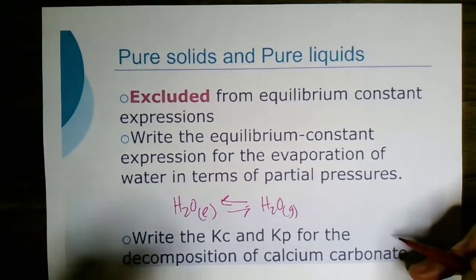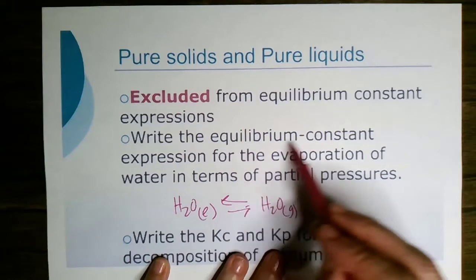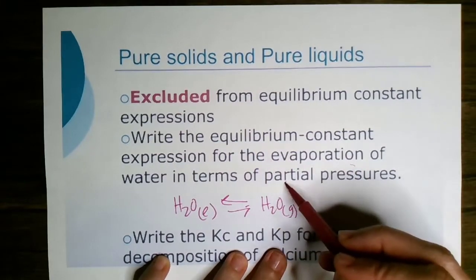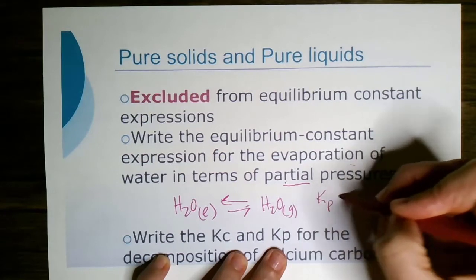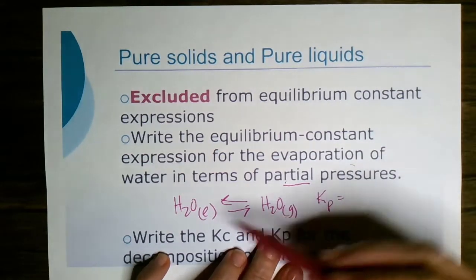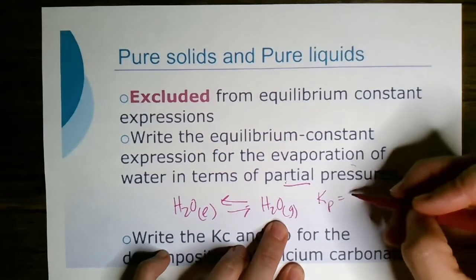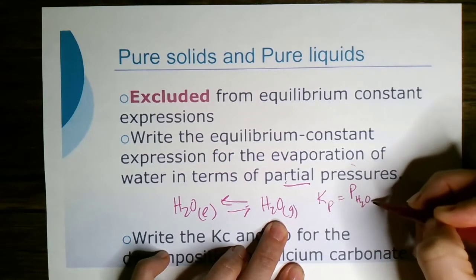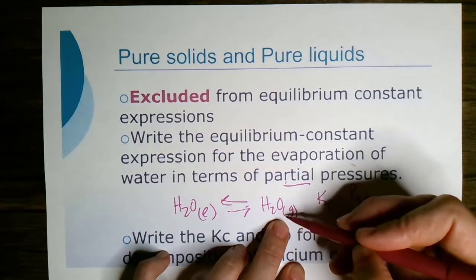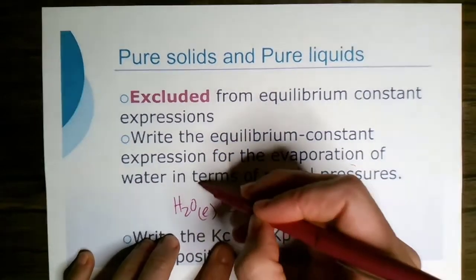If I looked at my equilibrium constant for pressure, we would look at products over reactants. In this case, I would only have the partial pressure of H2O, because here we do not include the liquids.